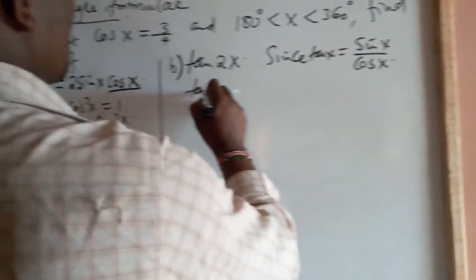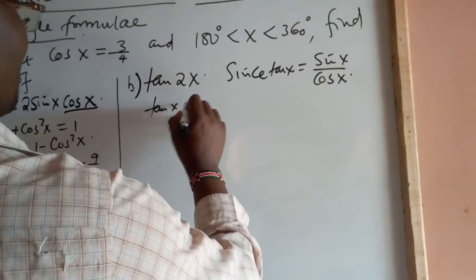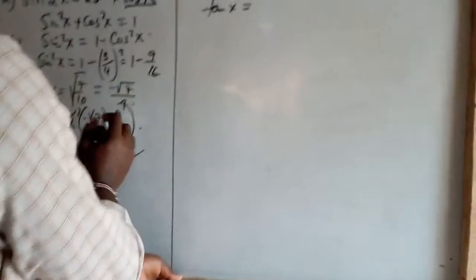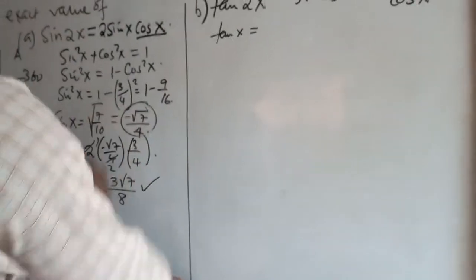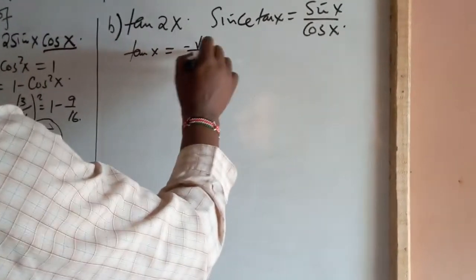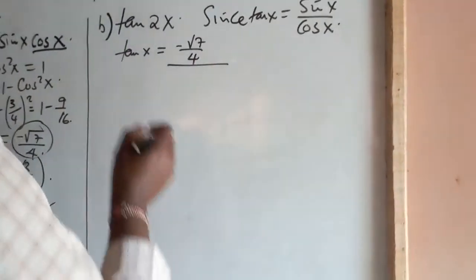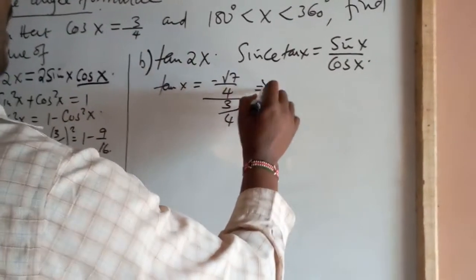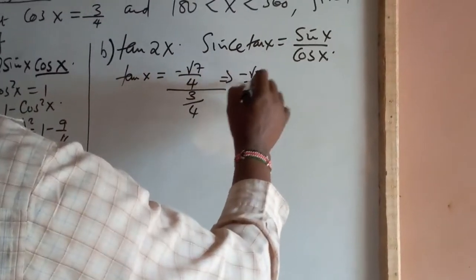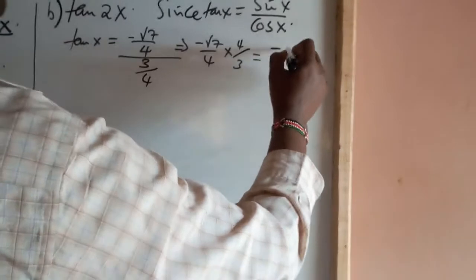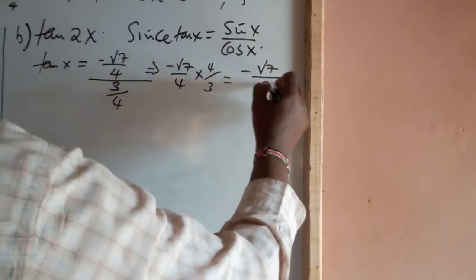That means the tan of x is given by negative root 7 over 4, everything over the cosine of x, which is 3 over 4. And this is negative root 7 over 4 times 4 over 3, which is basically negative root 7 over 3.